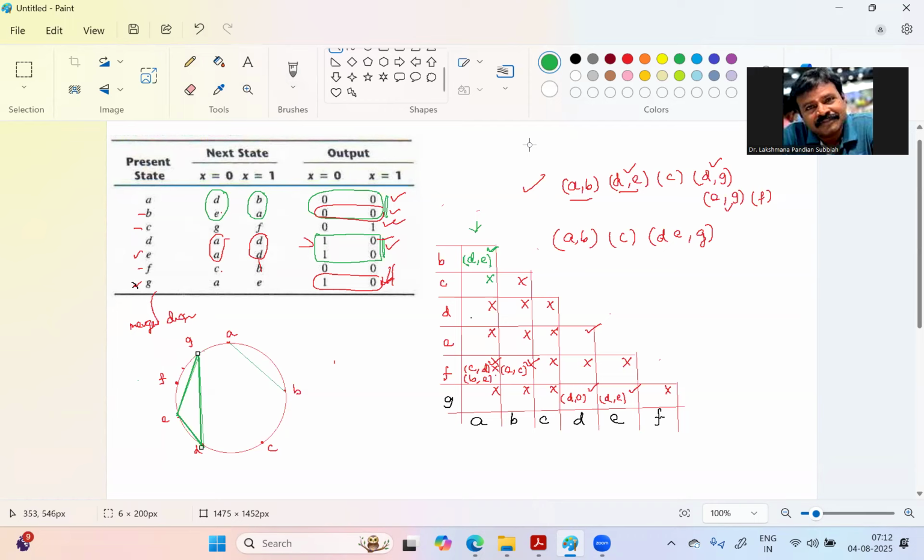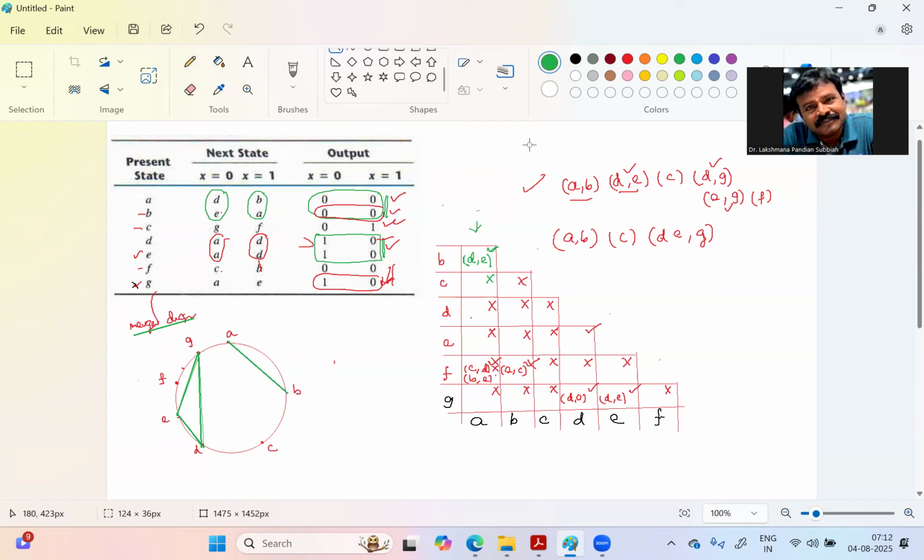Then AB as a group, right? AB is a single line. Then all the others are separate. So C is separate, AB is one group, DEG is one group, F is separate and C is separate, right?